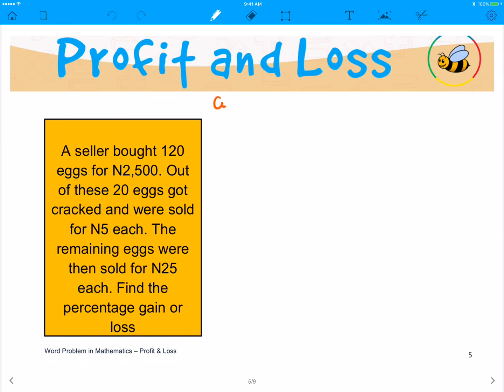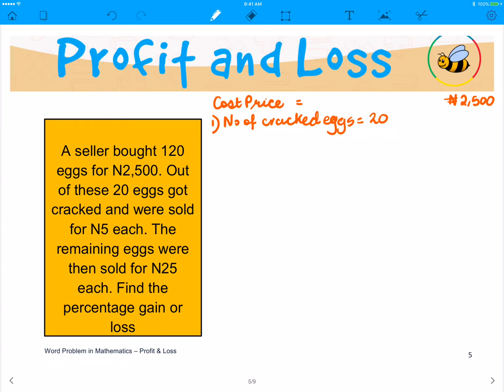We are told that the cost price is equal to, we just write that down somewhere, 2,500 naira. So let's start off with what we were told. We were told that the number of cracked eggs, and this is very important, and I like it when pupils can take down these things and methodically go through step by step how to solve a very interesting but complex problem like this.